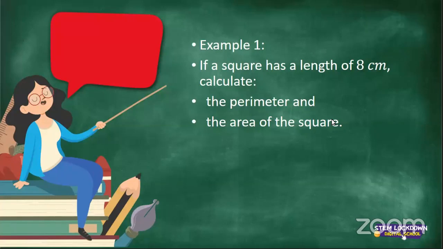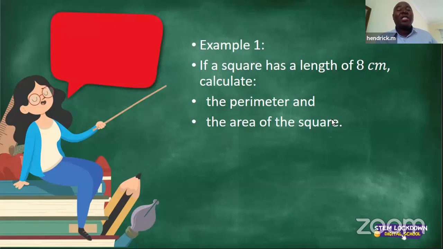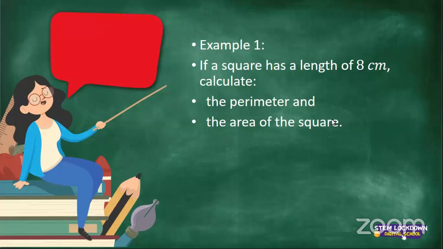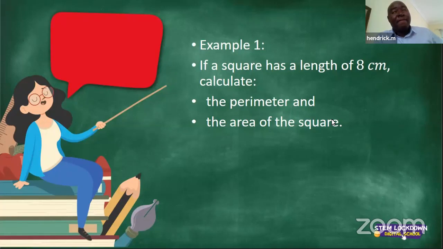So if one side is 8, then to get all 4 sides, you will multiply 8 by 4. Or if you don't want to multiply by 4, you can add, 4 times. You can say 8 plus 8 plus 8 plus 8. How much do you get? 24.